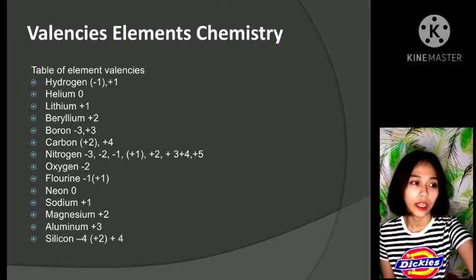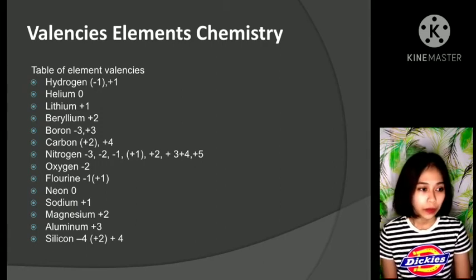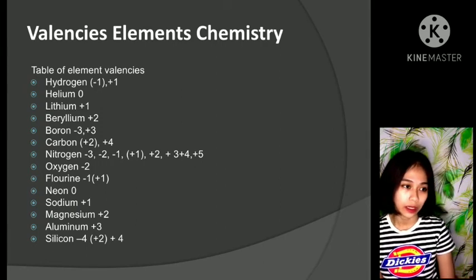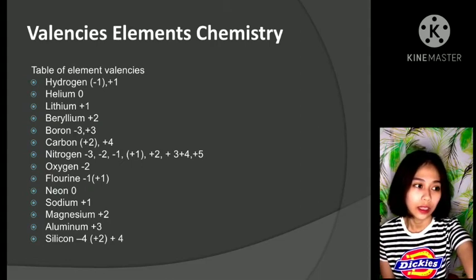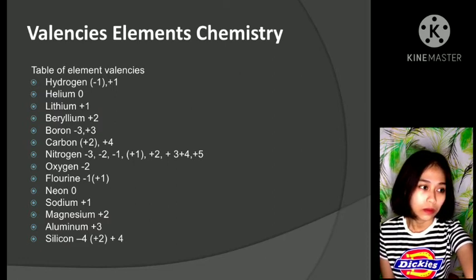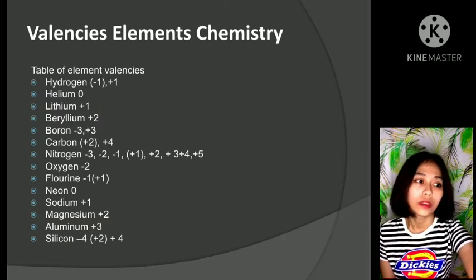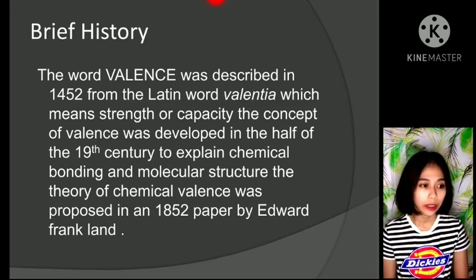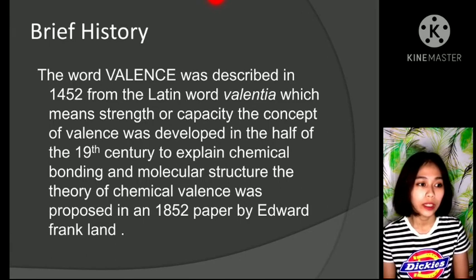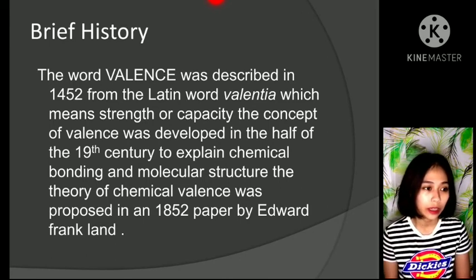The valency of elements in chemistry. Table of element valencies. You can see it in the slide. And another brief story: the word valence was described in 1452 from the Latin word valentia, which means strength or capacity.